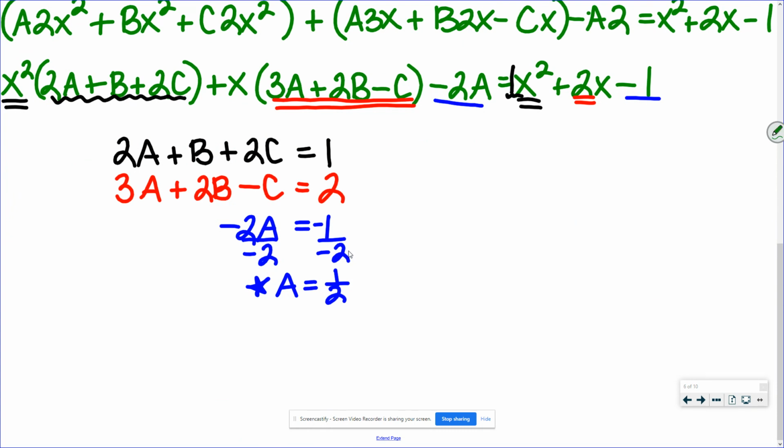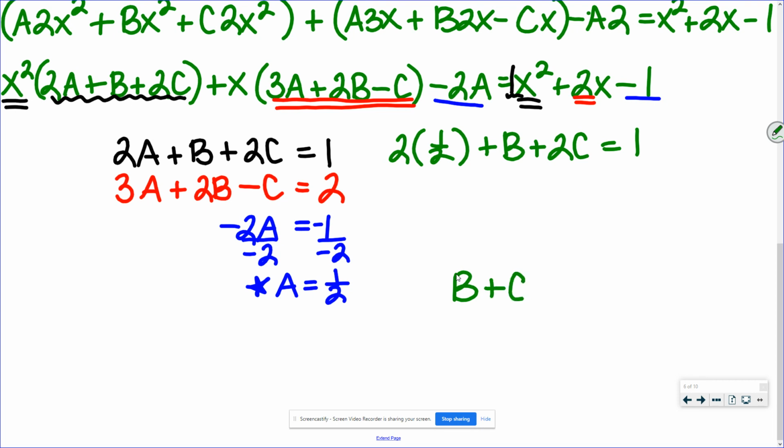So we're going to go through and we're going to plug in 1/2 for these a's up here. So we're going to end up with, let's see, if I simplify, this would be b plus 2c is equal to, what would that be, 0?